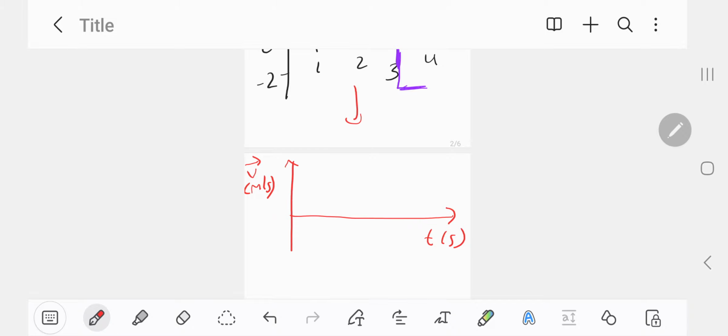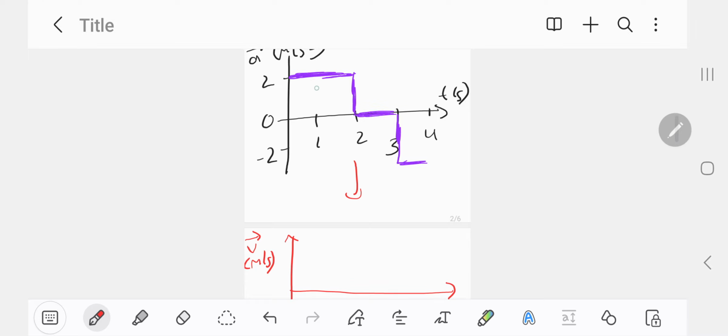Okay, let's break this up into segments now. If you look here, segment 1, you have to use your logic and intuition and also the formulas that you know. Acceleration is the change in velocity over time. Now, to find velocity in this case, let's leave out the deltas for now.